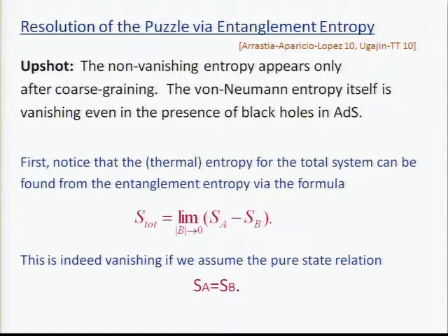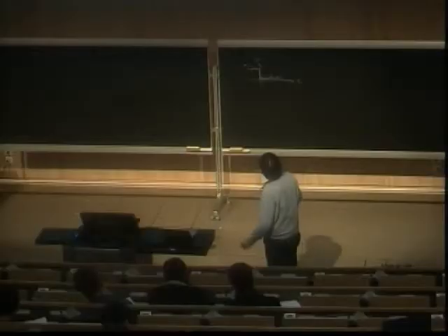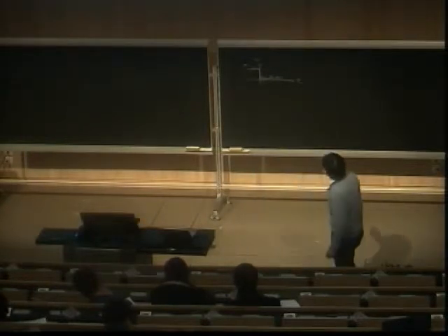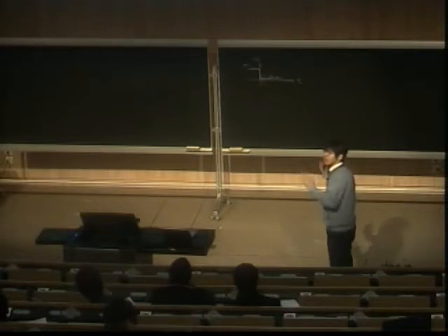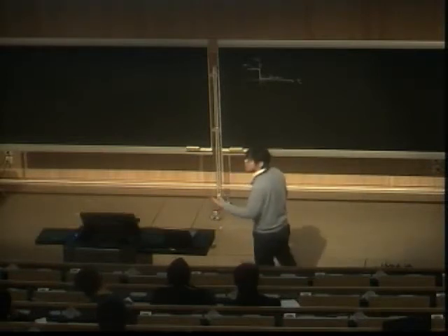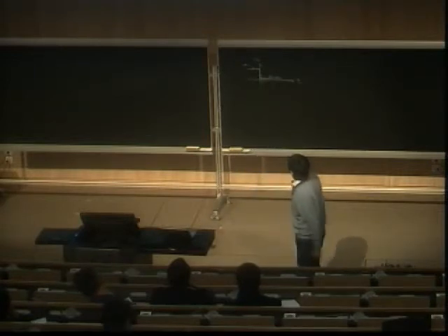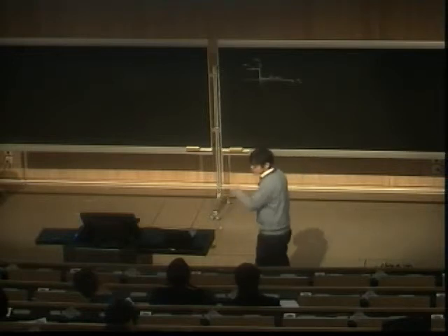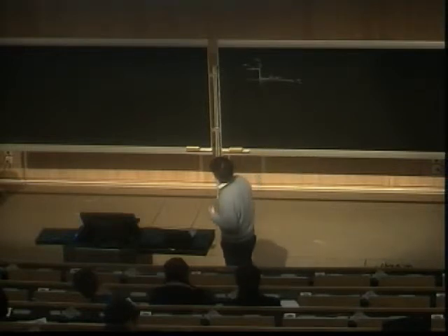The non-vanishing entropy appears only after coarse-graining. A black hole has a non-vanishing entropy, but just because we do some coarse-graining. On the other hand, the von Neumann entropy itself is always vanishing in the presence of a black hole. The von Neumann entropy means literally microscopic entropy. If we just consider the trace of rho log rho for the total density matrix without doing any coarse-graining, then it always should be vanishing, even if we have some black hole production.